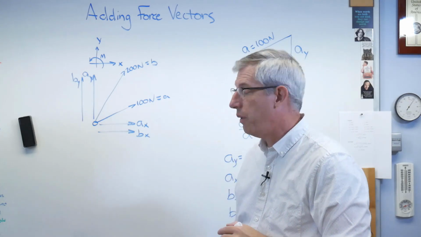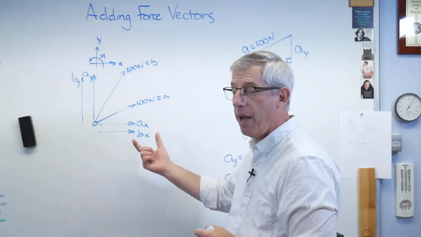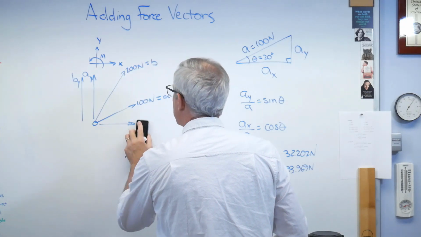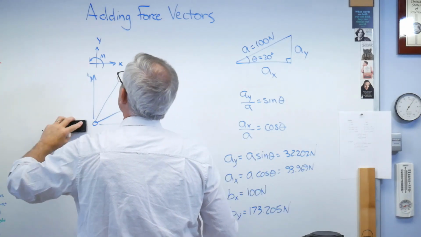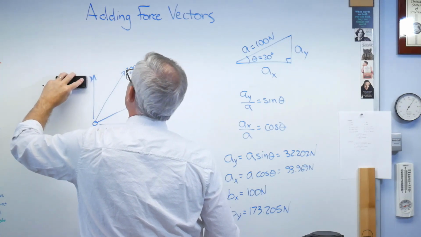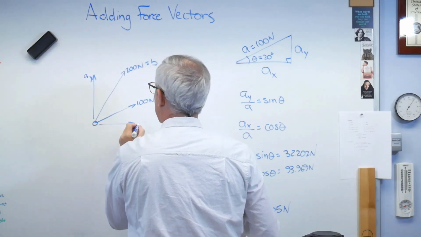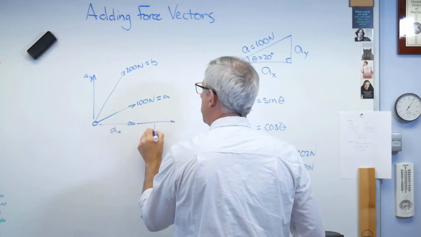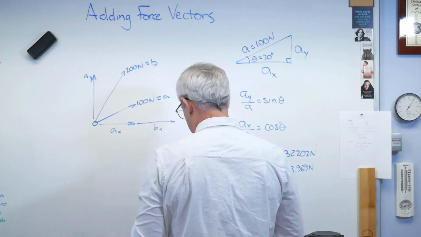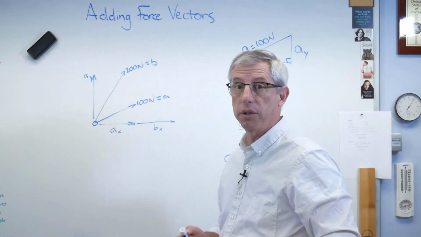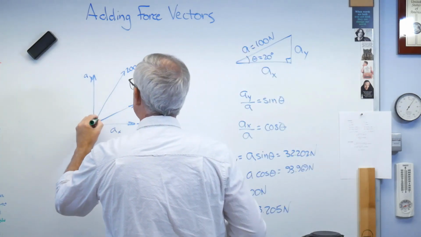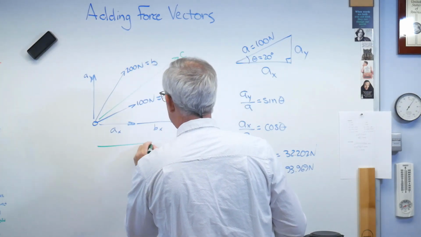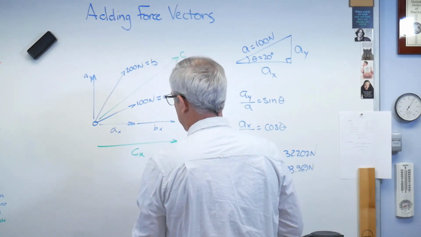If I want to start adding these now, it's really easy, isn't it? I could do this graphically. I guess I have to get rid of that, don't I? So that's AX, and that's BX. And if I decide to make the resultant vector C, this is CX.